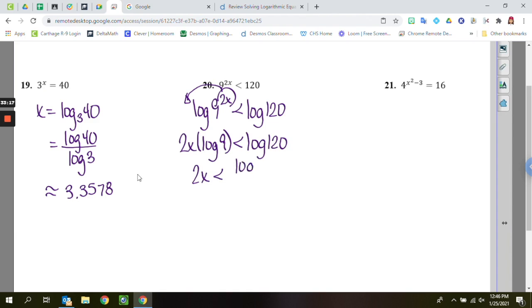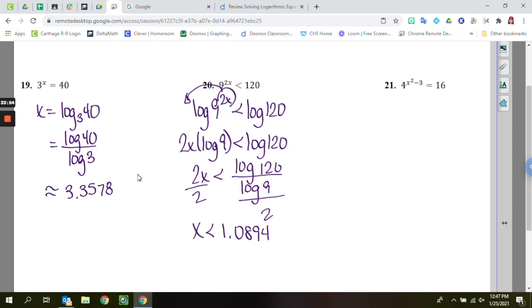So it still gets us to that log base 9 of 120. So then once we figure this, divide both sides by 2. So x is less than 1.0894. Okay, 21.